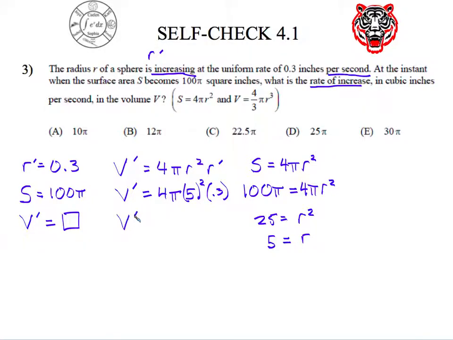So right now V prime is equal to 100 pi, but I didn't multiply the 0.3 yet. The 100 is going to move the decimal place 2 places to the right, 1, 2, and it's going to be 30. So the V prime is really going to be equal to 30 pi, and it is in here, okay, cool. E is the answer. And if we were doing units, it would be inches cubed per second if it was free response, but it's just multiple choice, we get E.